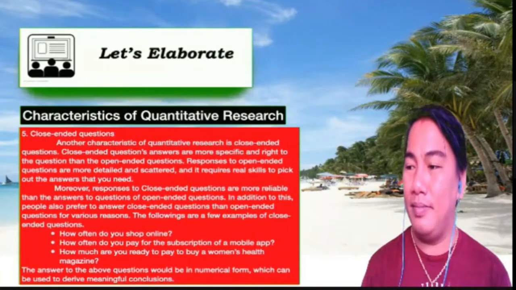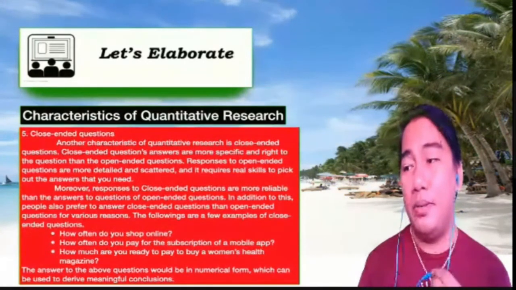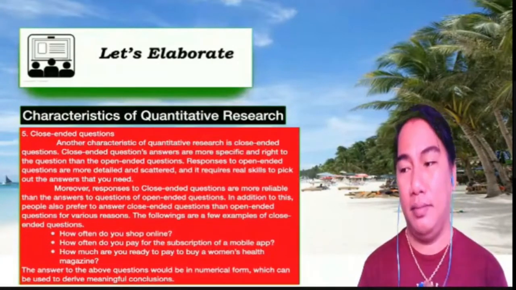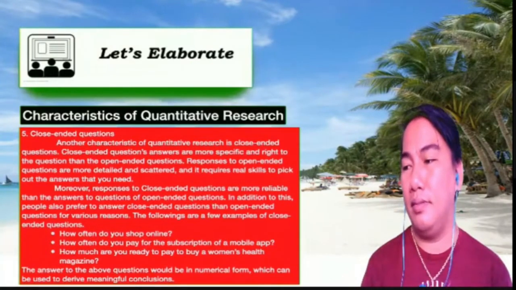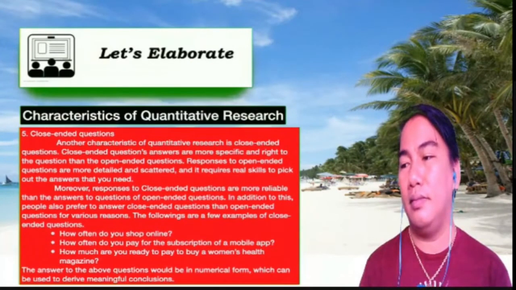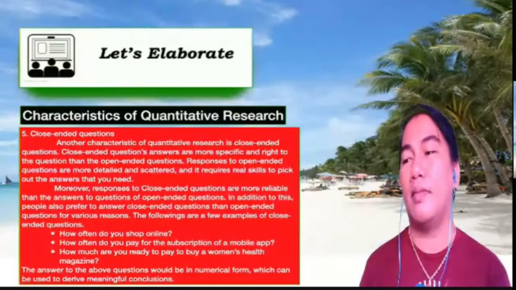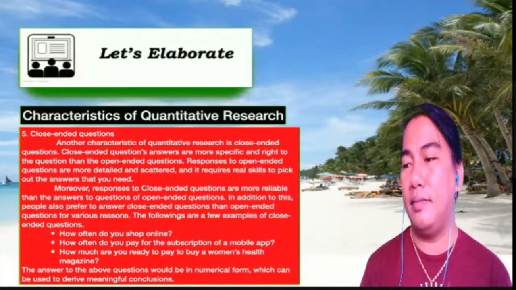Responses to open-ended questions are more detailed and scattered, and it requires real skills to pick out the answer that you need. True. Moreover, responses to close-ended questions are more reliable than the answers to open-ended questions. In addition to this, people also prefer to answer close-ended questions than open-ended questions for various reasons.